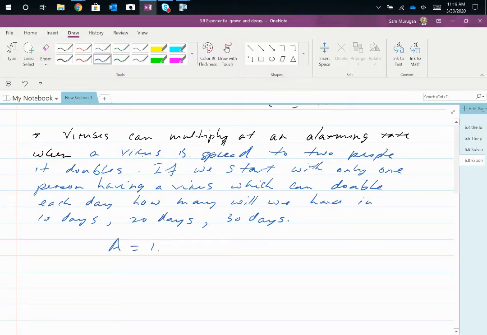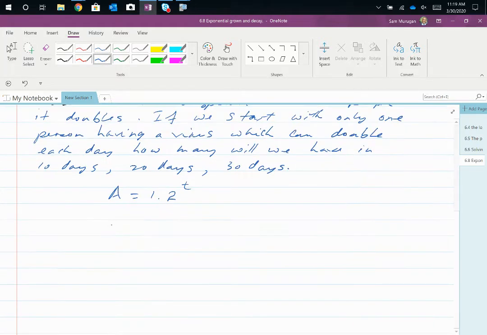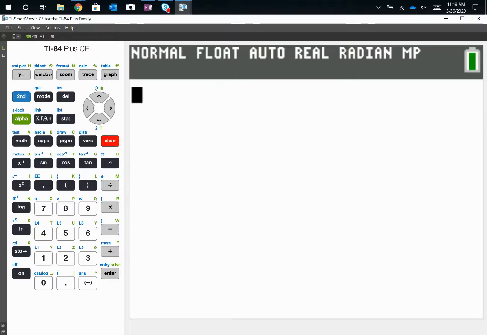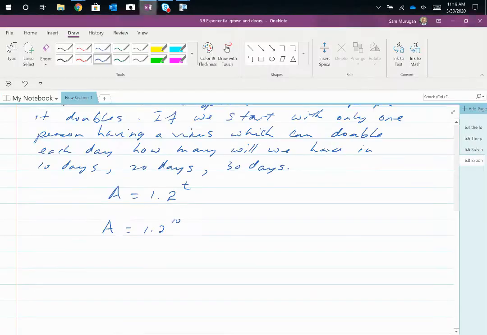one person has the virus, the growth rate is 2 to the power t. And after 10 days, this is 1 times 2 to the power 10, 1,024 people have the virus for t equal to 10.